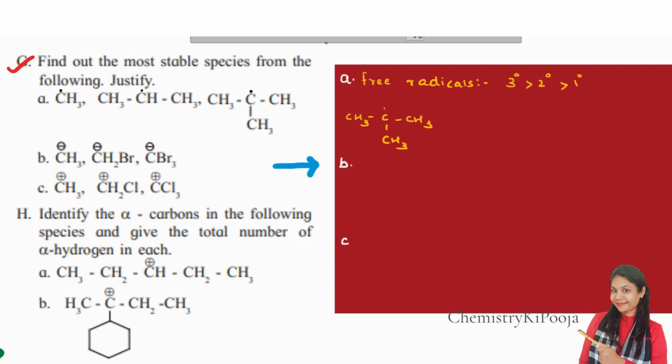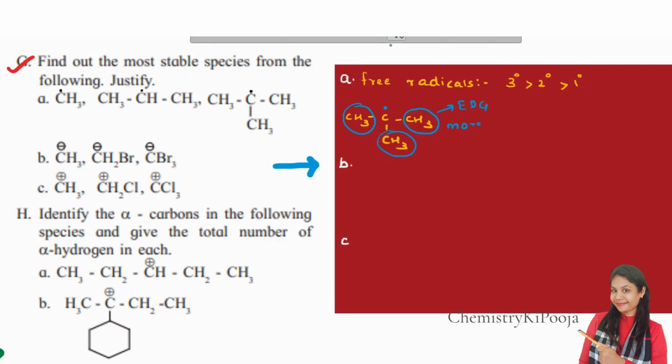Now why is this most stable? Because there are three methyl groups attached to the carbon atom containing the single electron. This is the free radical, and on it three methyl groups are present. So these three methyl groups are electron donating groups, isn't it?